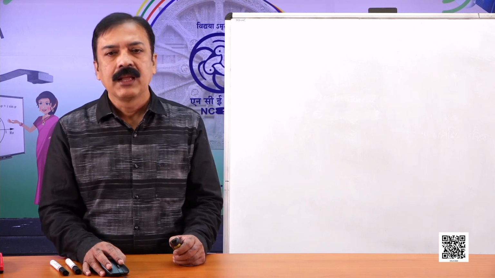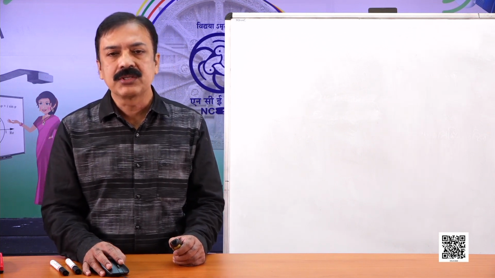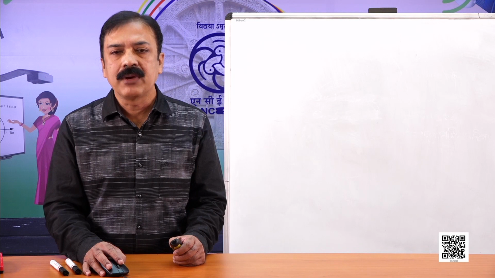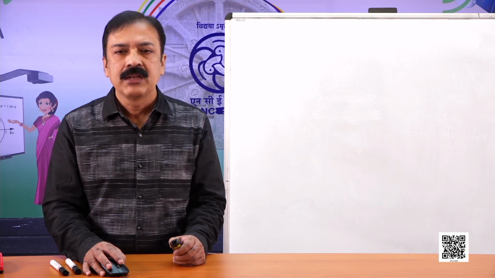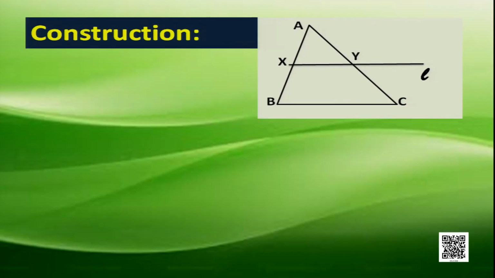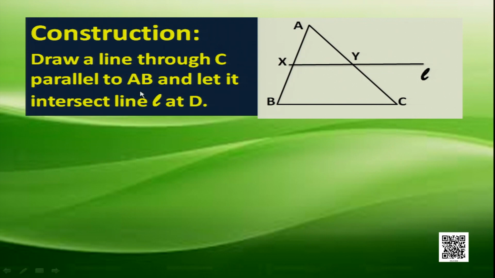Now you see, here also we need a construction. If you remember the last construction, let's rewrite it again. Draw a line through C parallel to AB and let it intersect the extended XY, or the line L, at D. Then how to prove?